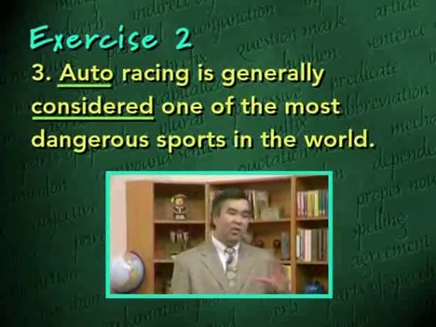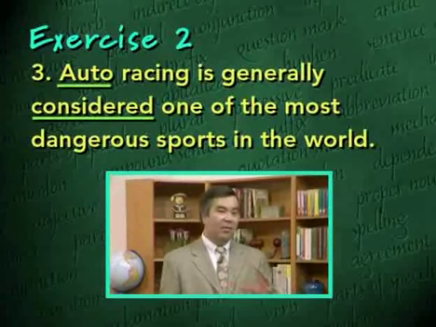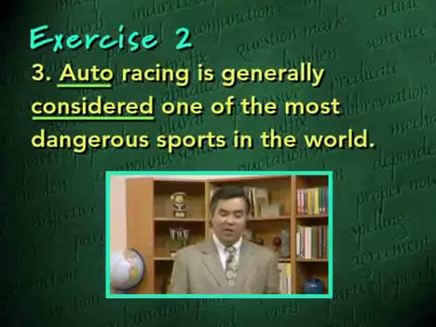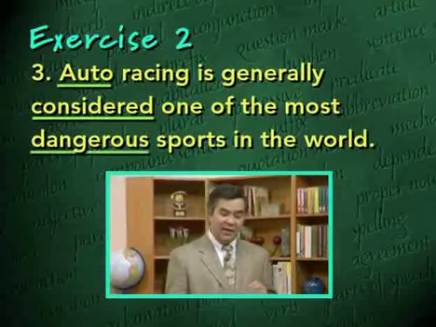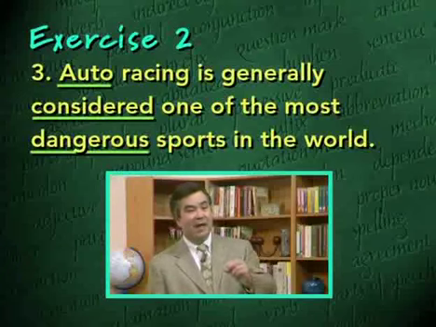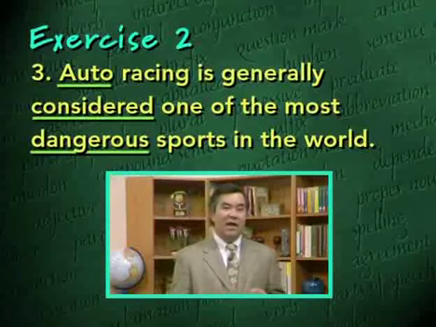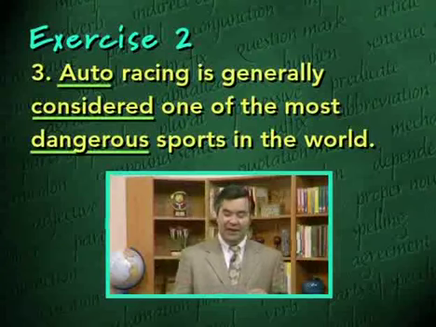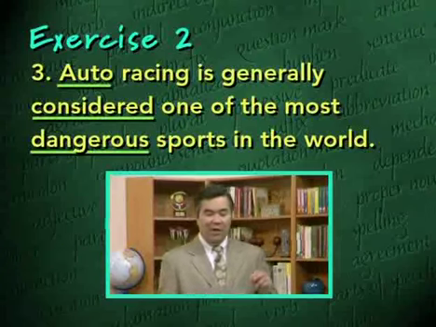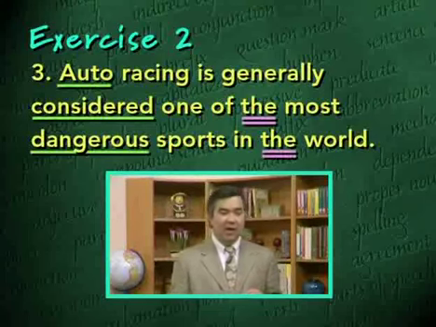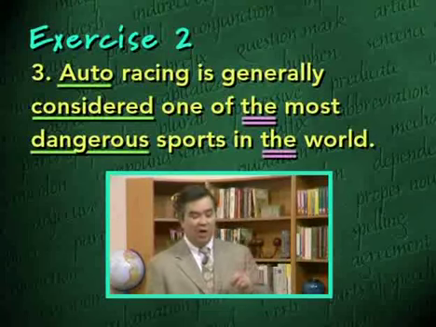So considered could be considered an adjective or a verb, depending on which term you happen to prefer. Either one could be correct. Dangerous is another adjective. In this sentence, it modifies or gives more information about the noun sports. And we have two articles in this sentence. Both of them are the, one of the most dangerous sports in the world. So both of those should have been marked on your sheet as articles.